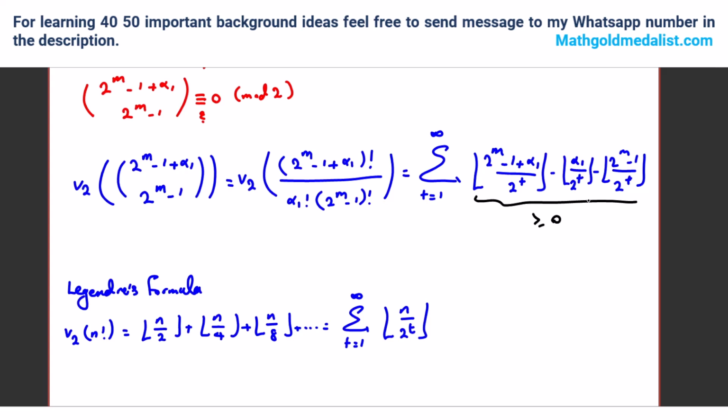Why for each t this part is at least 0? Is it because floor of 2 raised to m minus 1 plus alpha 1 over 2 raised to t is greater than or equal to floor of 2 raised to m minus 1 over 2 raised to t plus floor of alpha 1 over 2 raised to t, so it cancels out in that case? Yeah, because floor of x plus y is at least floor of x plus floor of y.